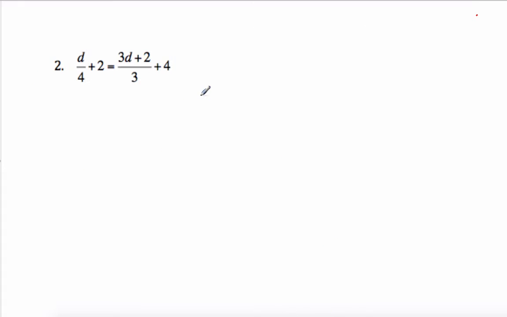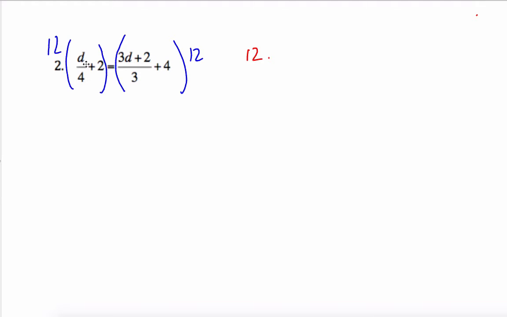Okay, so looking at this example now, we're going to try and find the common denominator. I've got a 4, a 1 as my denominator, a 3 and a 4, and a 1. So the common denominator here is going to be 12. Using that common denominator, I'm going to multiply this side of the equation by 12 and this side of the equation by 12.